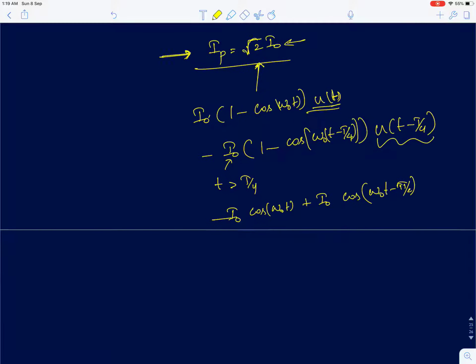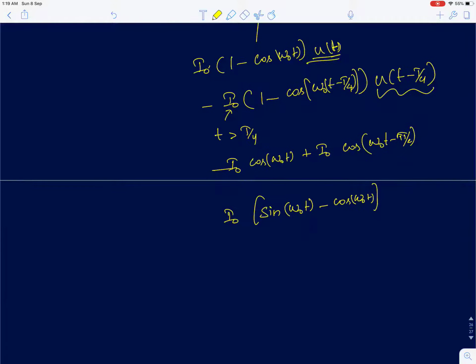That will be sine omega naught t. So you'll actually get I naught into sine omega naught t minus cos omega naught t. This very easily you can show will reduce to root 2 I naught into sine of omega naught t minus pi by 4.